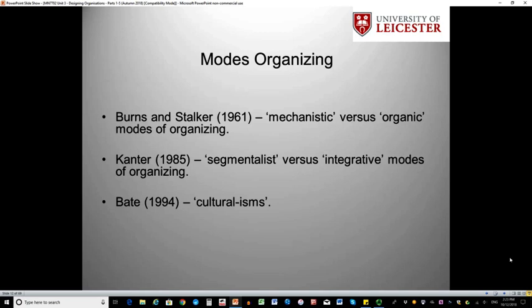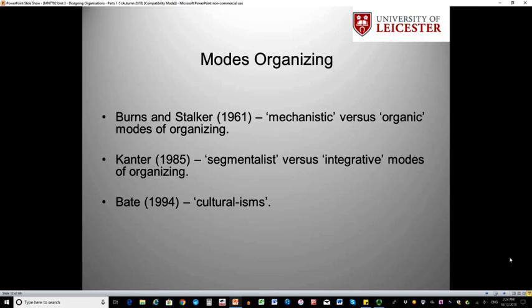What it's saying is that this mode of organising breaks down organisations and actually discourages, not necessarily consciously, but certainly subconsciously, boundary spanning between those different segments. So the segmentalist mode discourages boundary spanning.